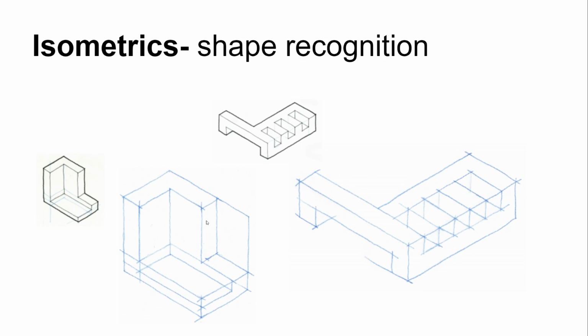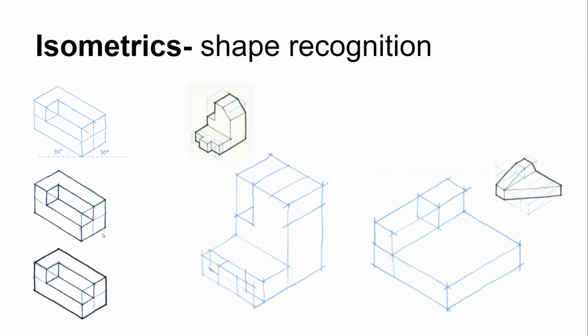And all of our vertical lines remain parallel to each other as well. We no longer have the concept of perpendicular lines in an isometric drawing. Instead of having lines meeting at 90 degrees, that's one of the major differences here. And again, we take an overall bounding box and cut parts and pieces out.